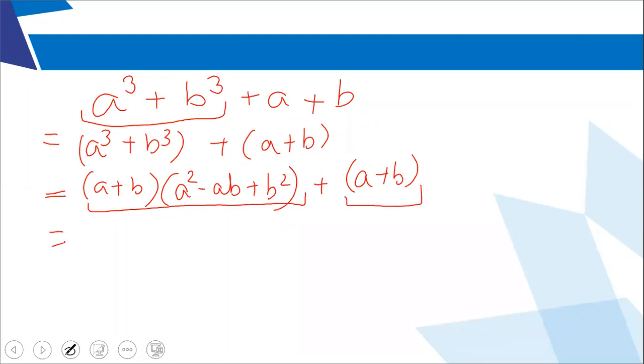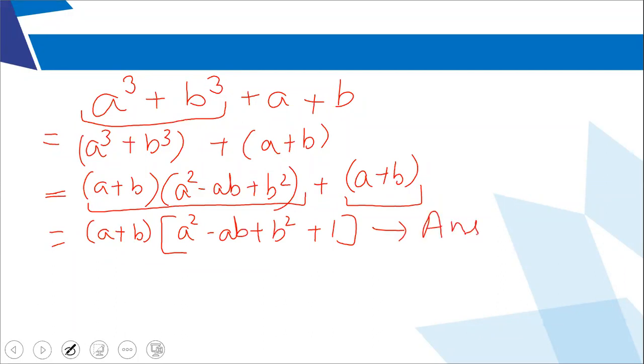So from both the terms, I'm going to take a plus b common. So left over in the first term is a square minus ab plus b square, and left over in the second term is just plus 1, because the full thing a plus b you have taken common. So this is your final answer.